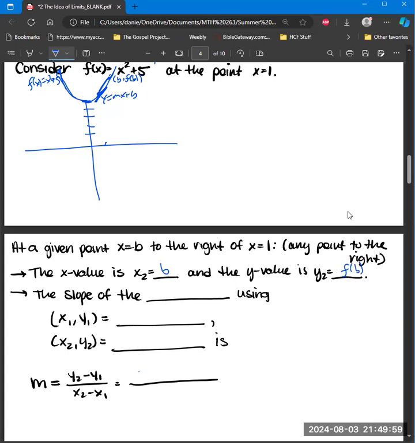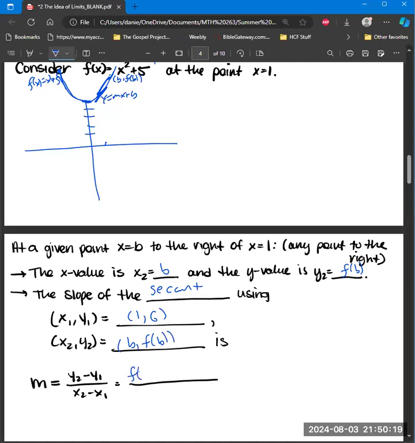And the slope is going to be the slope of the secant line using this point, which is 1, and when we stick 1 in, we get 1 plus 5 is 6, and this is going to be b, f of b.